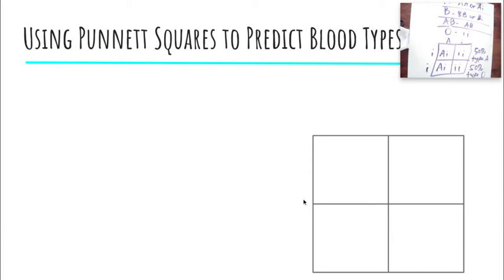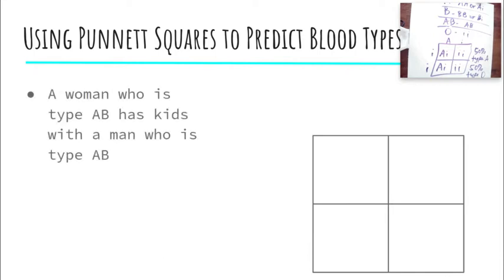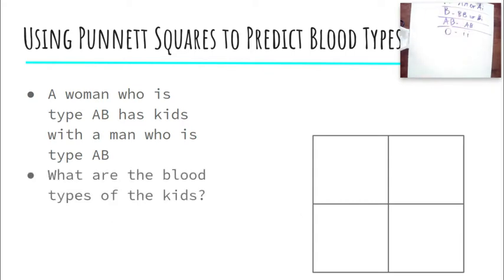The next one says a woman who is type AB blood has kids with a man who is type AB blood. What are the possible blood types for those children? If mom and dad are both AB, we're going to use the genotype AB.